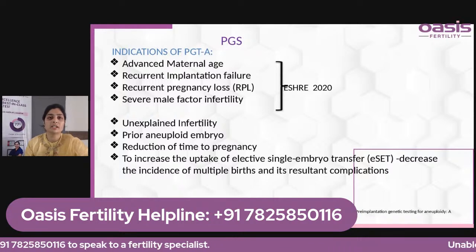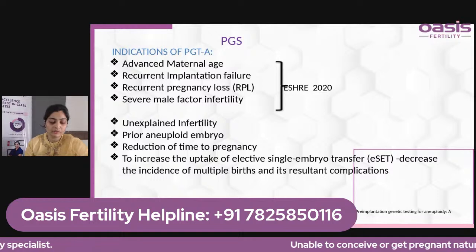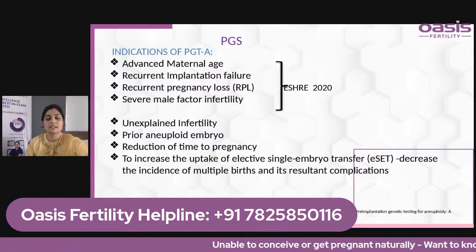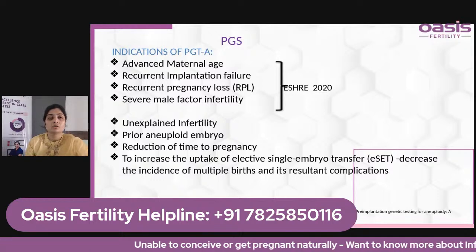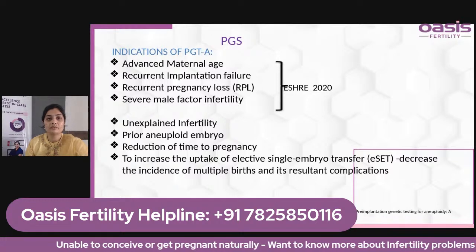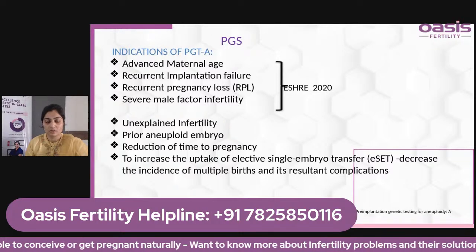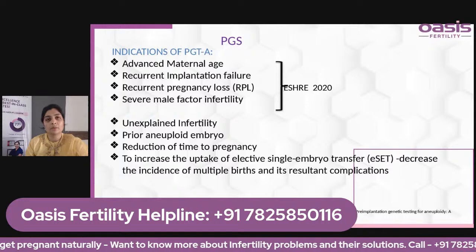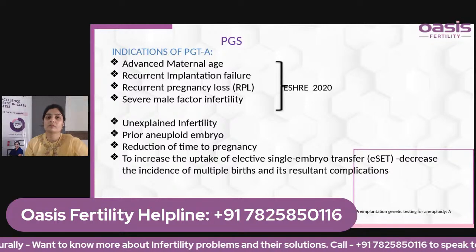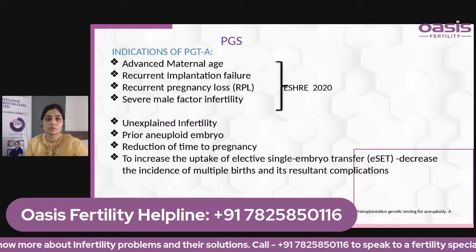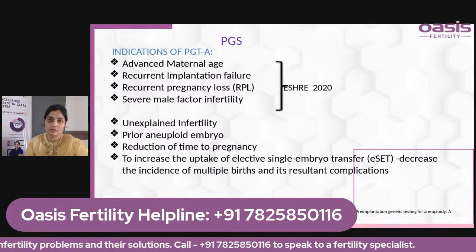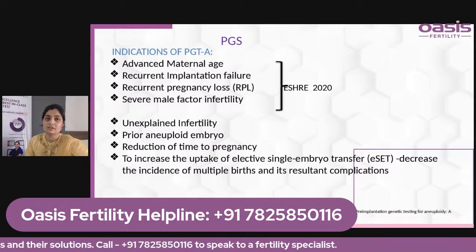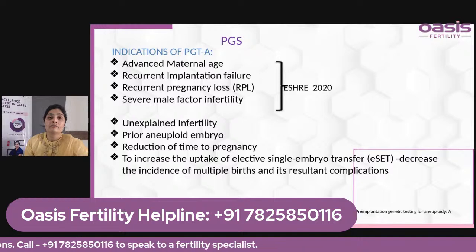For example, if we take a scenario, we have 12 fertilized eggs, out of which we could form like 6 blastocysts. Without PGTA, if we keep transferring these blastocysts, a few might end up in miscarriages and a few might end up in anomalous babies. So to avoid such situations, we usually advise PGTA.